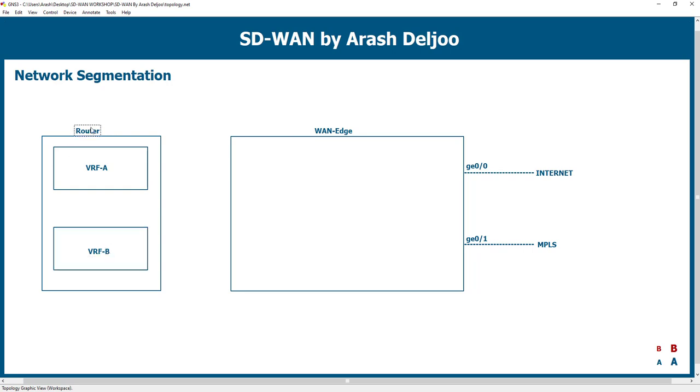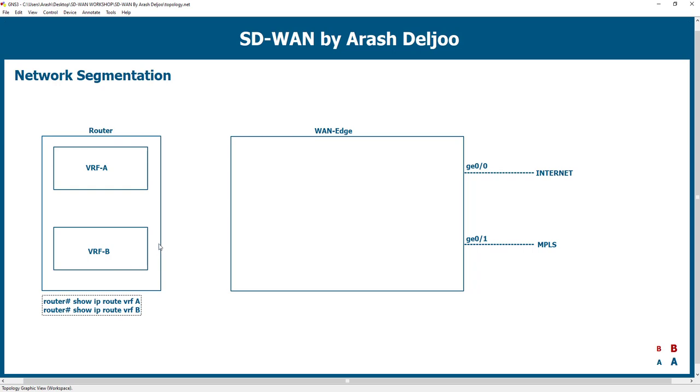In traditional routing, when you configure VRF in a router, you can have two routers inside of one router, or many routers inside of one router. And if you want to see the routing table of the VRF A router, virtual routing and forwarding, you should type show ip route vrf A. And for VRF B, show ip route vrf B. These routers are independent from each other.